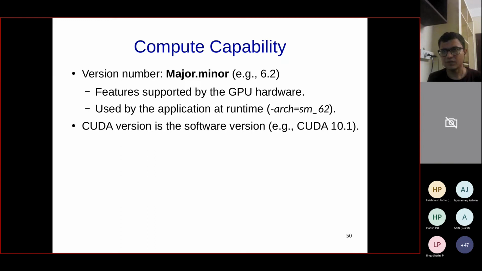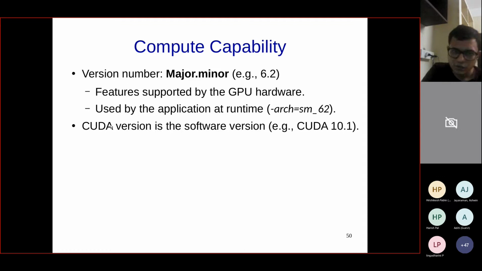Then it might support some feature, but let us say you bought some new GPU which has some higher version number, let's say 6.2. Then it might support some additional feature that the old GPU 5.0 was not supporting. So this version number, which is composed of two things, major and minor number, denotes the features that are supported by the GPU hardware. And again, these version numbers are given for the GPU hardware actually.